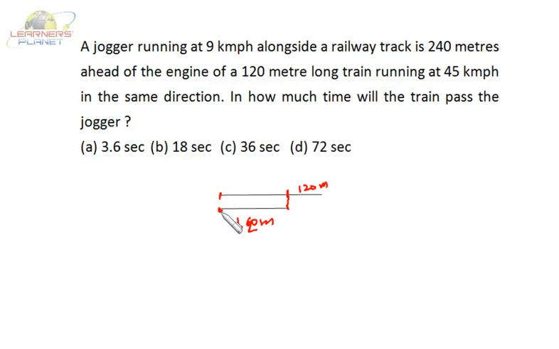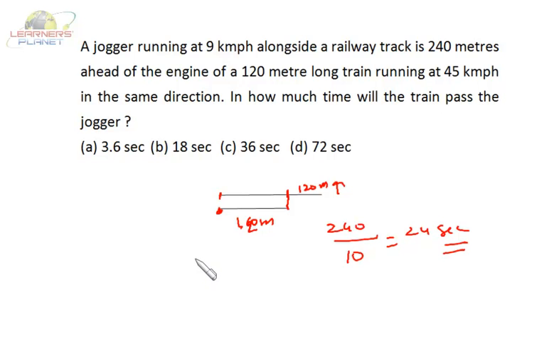That means the last ending part of the train has to cover this 120 plus this 120, that is 240 meters only, to cross this person. So in that case, 240 meters at a speed of 10 meters per second will take 24 seconds. So we have to be clear about both the cases.